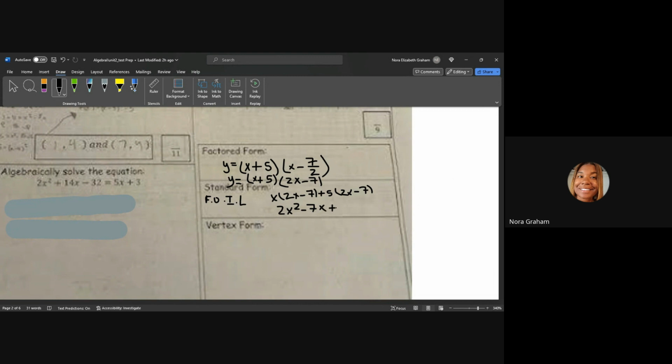Plus 10x minus 35. So then I get 2x squared. 10 minus 7 equals 3x.